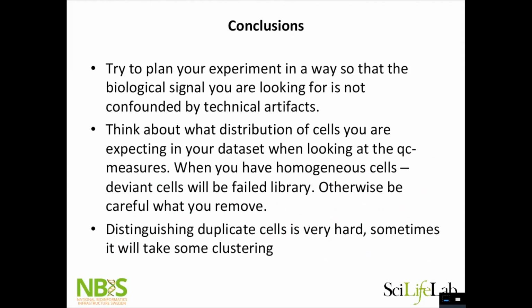So that's it. Almost on time. Try to plan so that you don't have to do so much QC. If it's all very consistent, very good cells, even number of cells with not too many doublets, then QC will be fairly easy. But it's quite often the case that you have some failed libraries anyway.